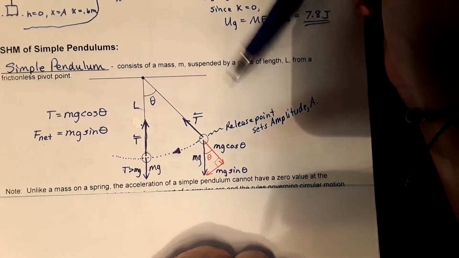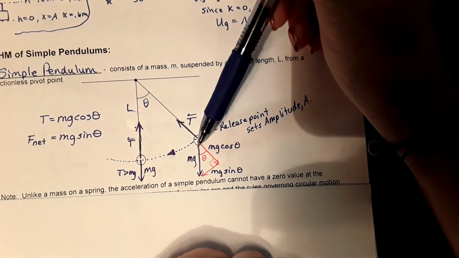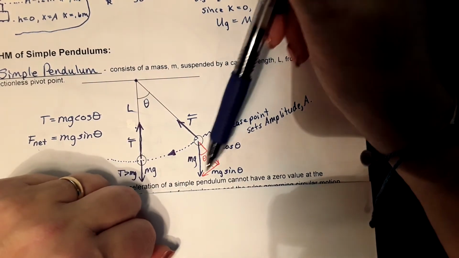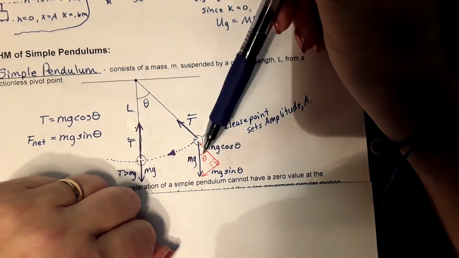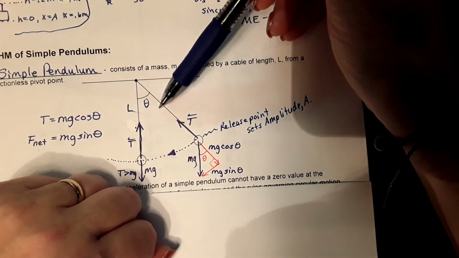So we use our little trick. We take the weight itself and break it down into two perpendicular pieces, one of which is at the same angle as the angle of release.